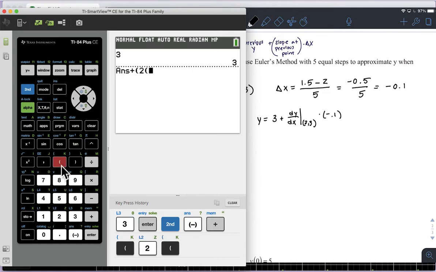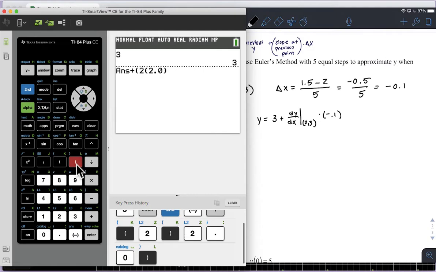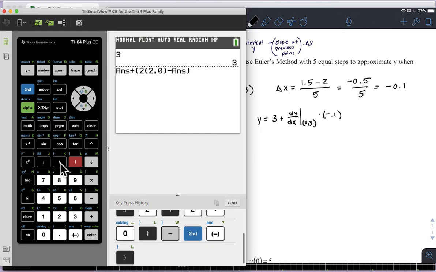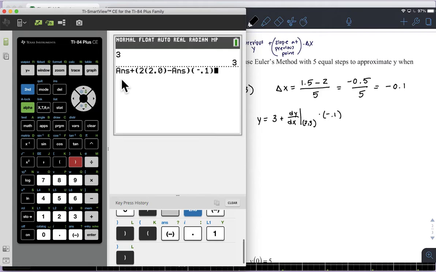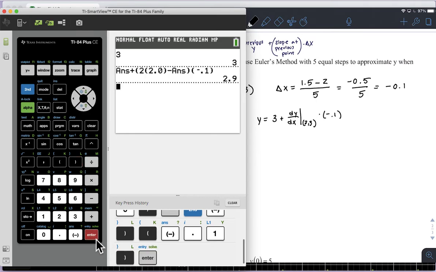So I'm going to do 2 times my x coordinate, and I'm starting at 2.0. I'm typing it with the decimal because I know all of my other ones are going to have decimals. Minus the y coordinate at the previous point, which was 3, so I'm going to use second answer again, and I want to multiply this by my delta x. So this formula stands for previous y plus my slope, my dy dx equation evaluated at my previous x and y coordinate, times my delta x, and then I'm just going to hit enter.